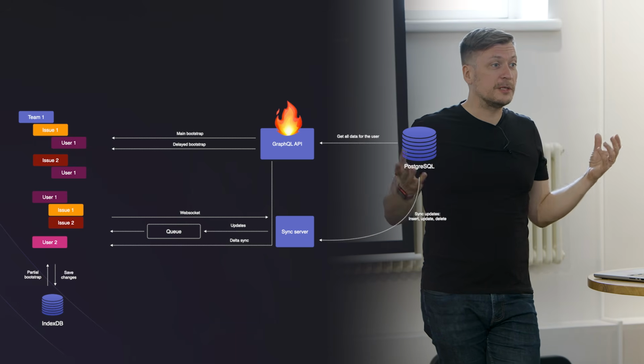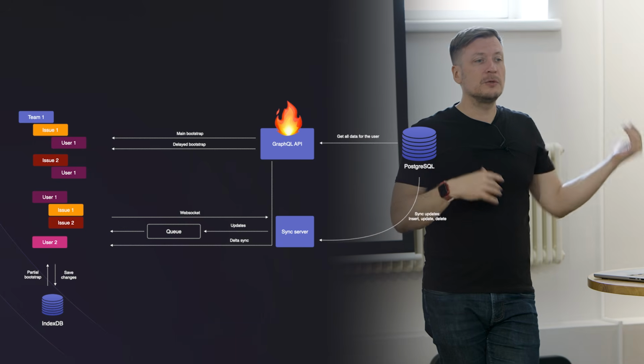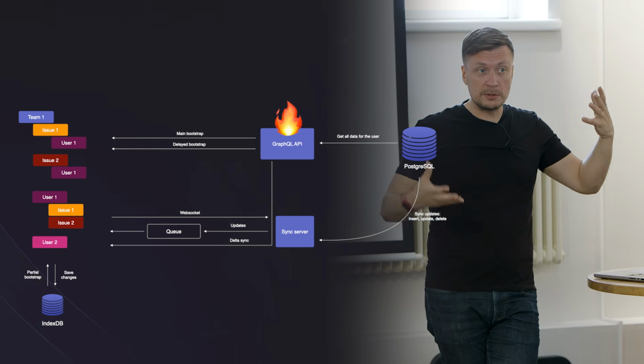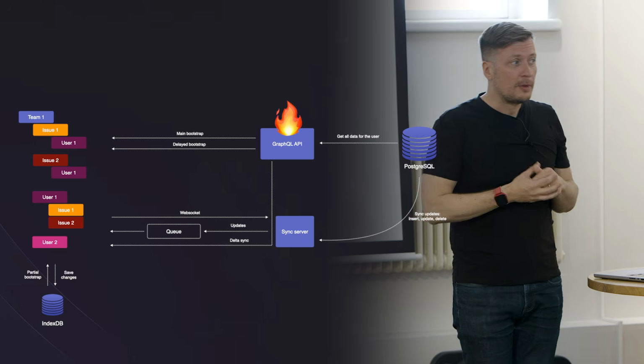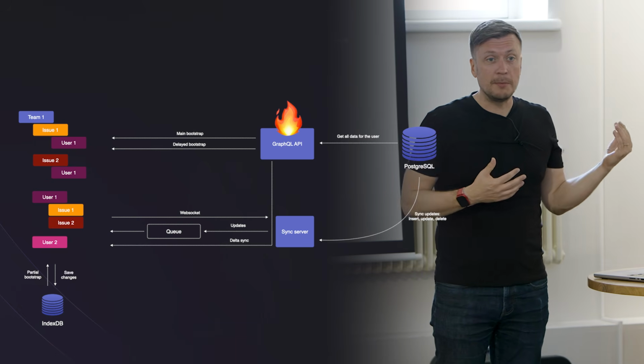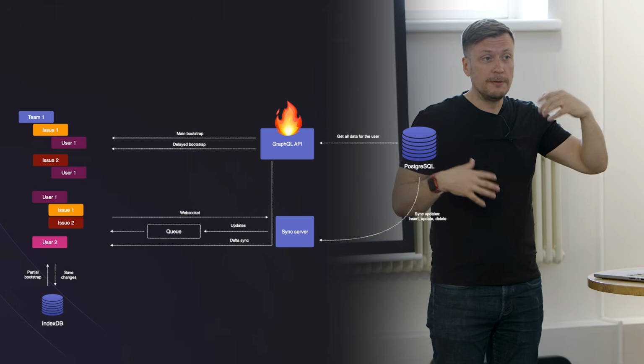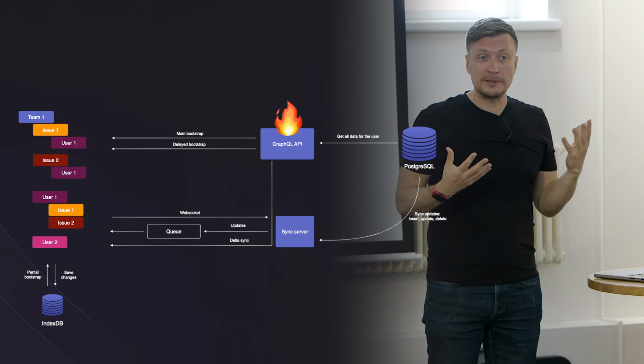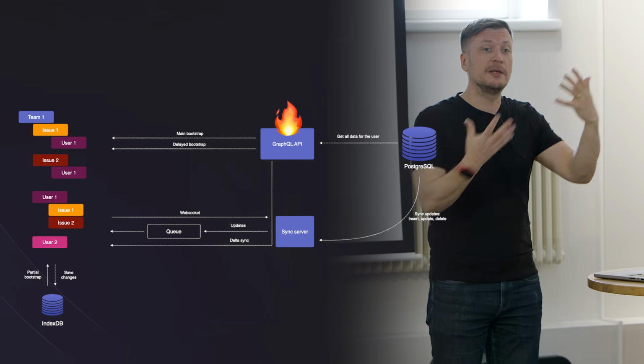Because the way GraphQL works is before it can send anything to the client, it needs to have constructed the entire response locally in memory. It cannot stream anything. The response is a big JSON blob, and you need to have all the data present before you can construct that response and send it to the client.